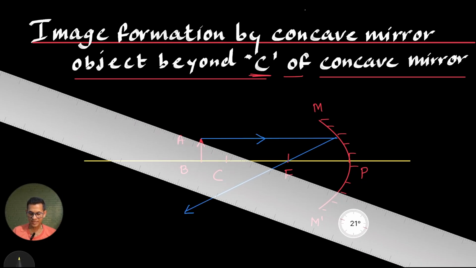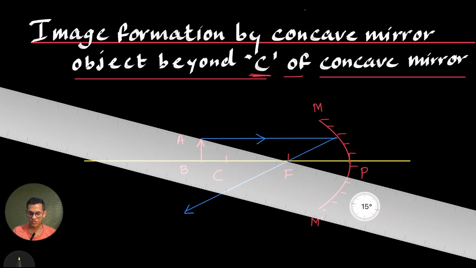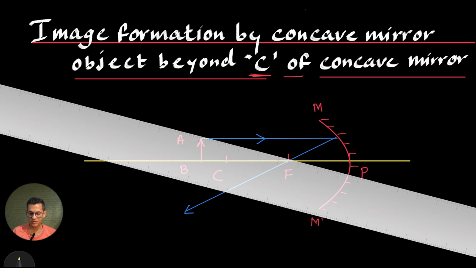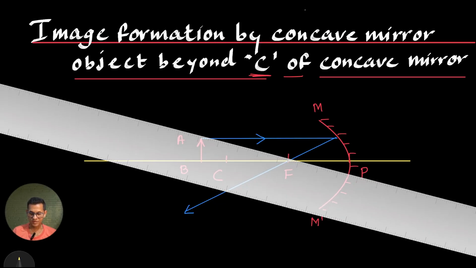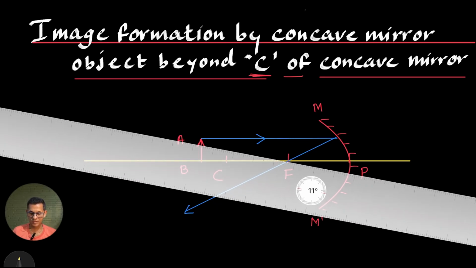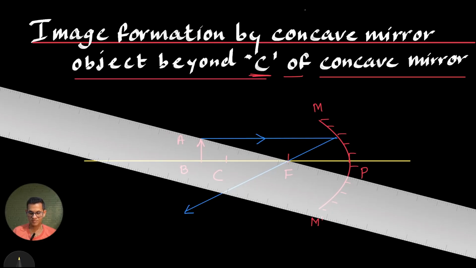The second rule says that if a light ray is traveling through the focus before reflection, that is. So again, I'm going to start the light ray from the top of the object, and then pass it through the focus.